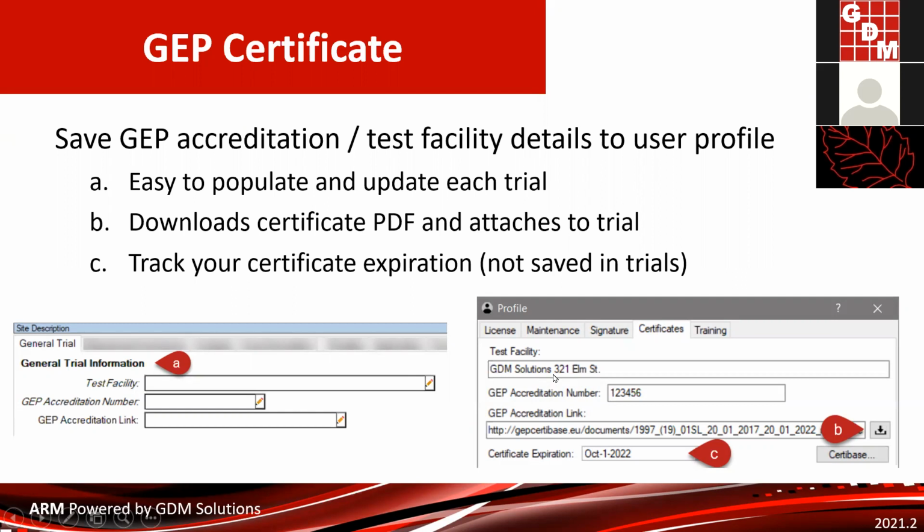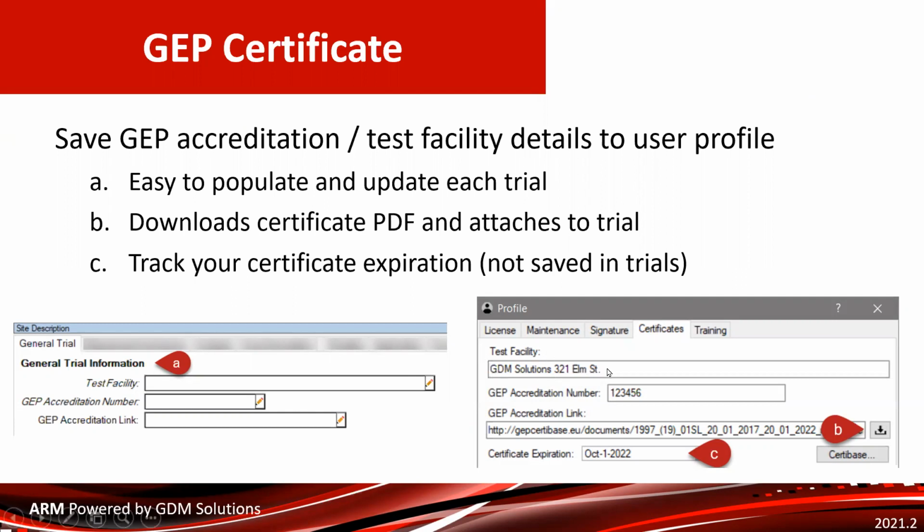So now here, I'm working on my ARM at this station. I can put down my facility, my accreditation number, that PDF link that shows that. I can fill these details in once and then just have ARM place that information into the trials that I'm working on. So that was really the goal here.